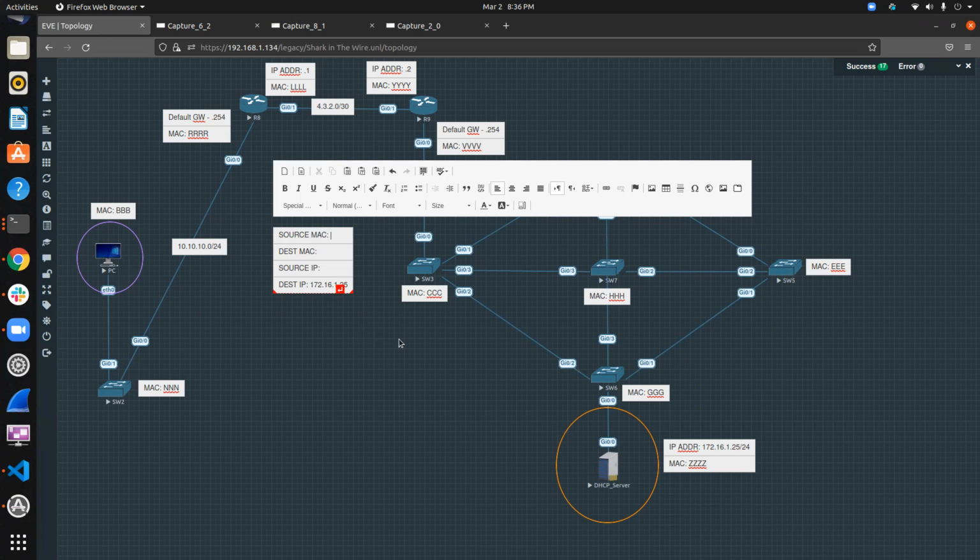So it's leaving R8 and going towards R9. We have RRR on the MAC address, so we've got NNN coming out, going towards RRR. Destination MAC address. It has to be the router. I'm going to say RRR. Why? The router is configured with the IP helper.